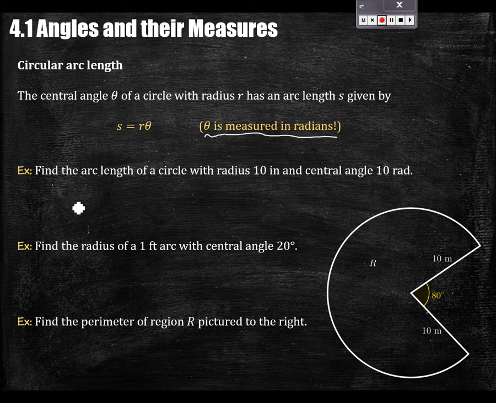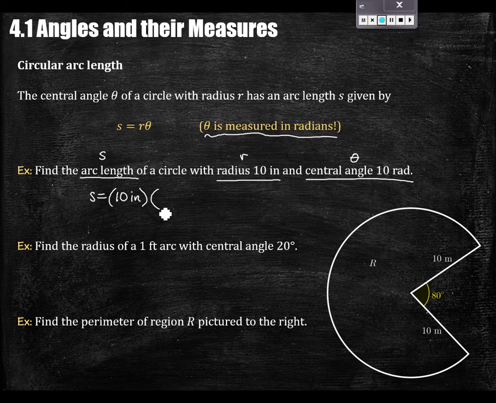Find the arc length, so find S, of a circle with radius 10 inches, that's R, and a central angle, that's theta, of 10 radians. It's already in radians, so there's no trick question here. On this very first one, no trick question. What do we get?